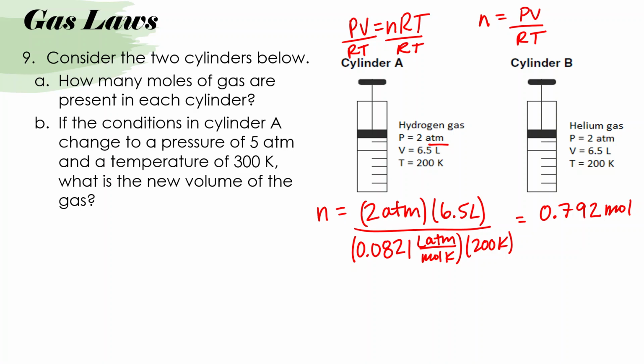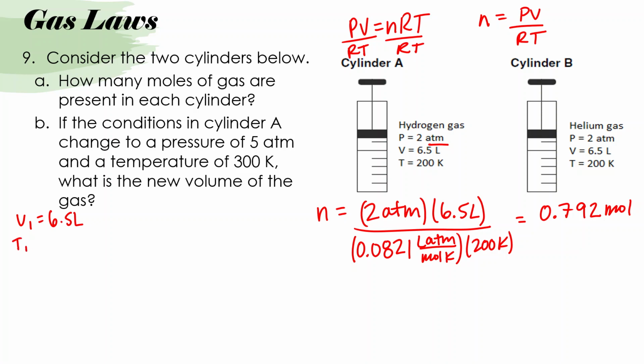So if the conditions in cylinder A change to a pressure of 5 atm and a temperature of 300 K, what is the new volume of the gas? So pressure is remaining constant here. V1 is going to be that 6.5 liters.